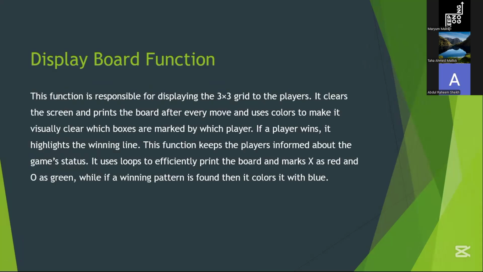And if a player wins, it highlights that winning line too. This function keeps the player informed about the game's status. It uses loops to efficiently print the board and marks X as red and O as green, while if a winning pattern is found, it colors it blue.